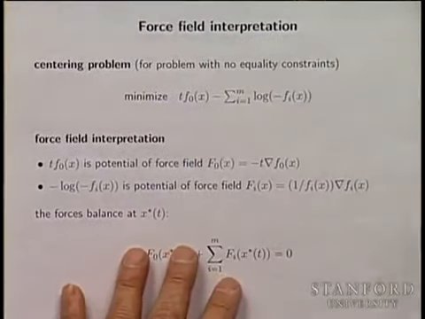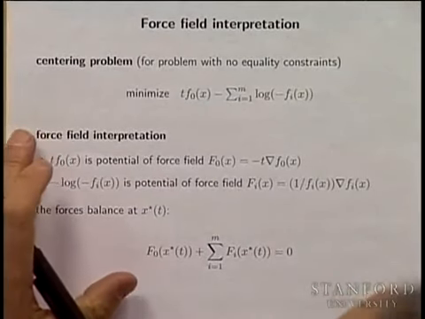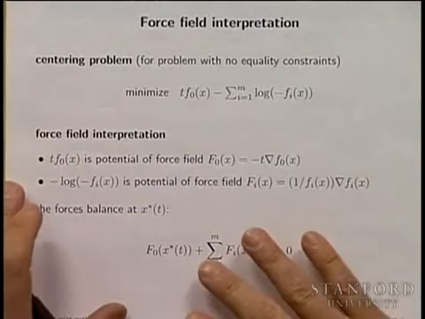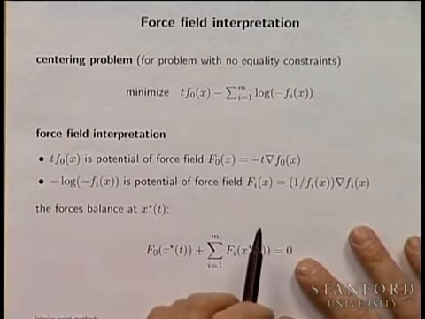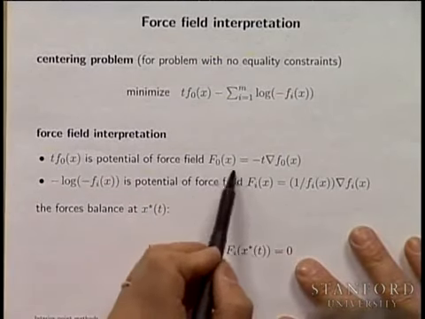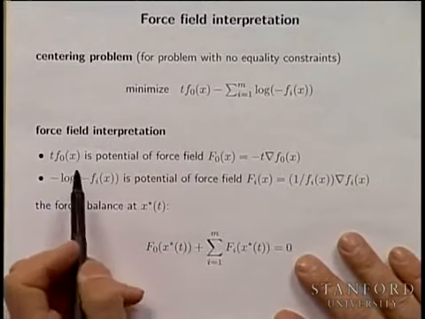Okay. Now, you can also think of this in terms of a nice force field interpretation, and that's this. Forget the equality constraints to make it easy. Here's what happens. What we do is we have a force field here, which, well, we have a potential.